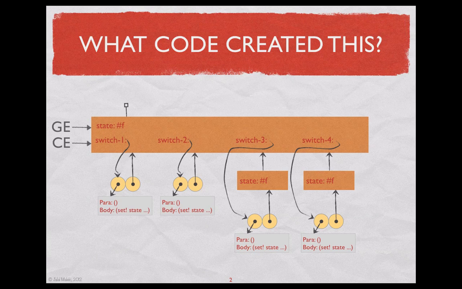And then we have another switch 3, which has its own state, and another switch called switch 4, which also has its own state. So let's see first how this is created, and then how using these switches affects the state of the computation.